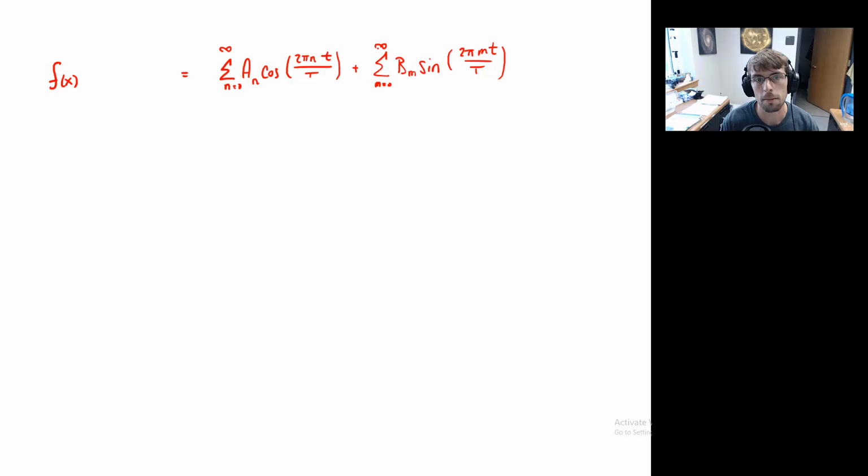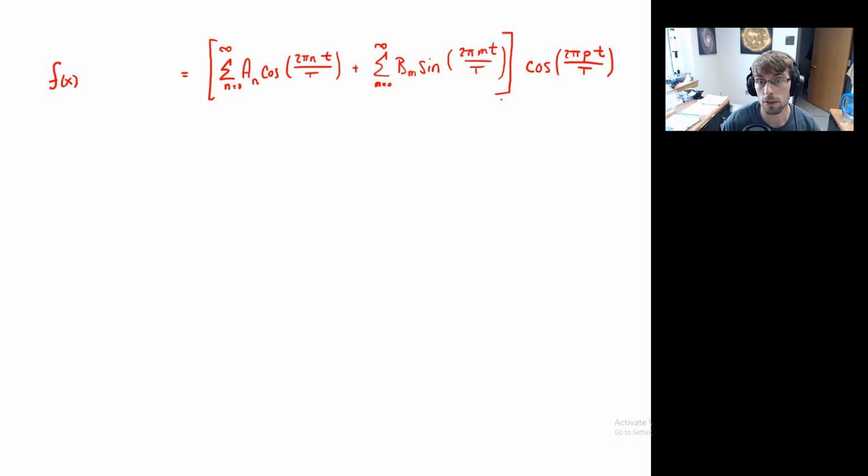Now what I'm going to do is multiply both the left and right sides of the equation by a specific value. I'll call it cosine of 2 pi p t over T, and p is a specific integer.